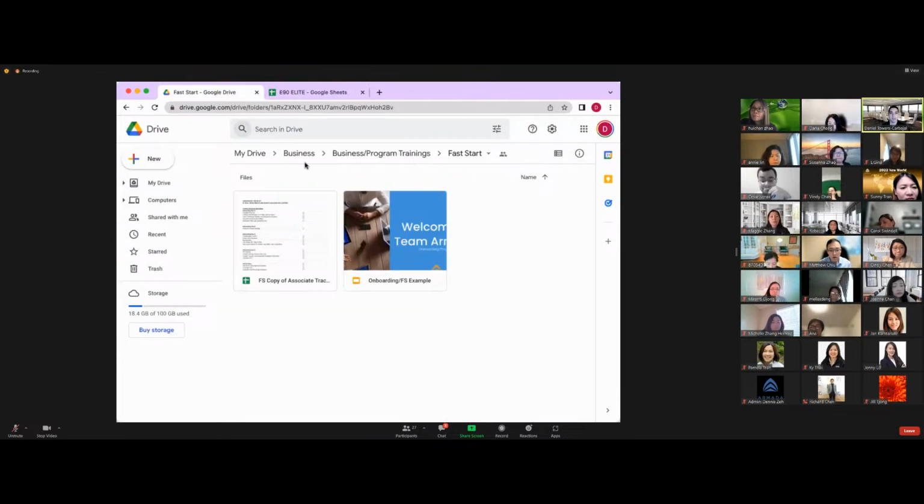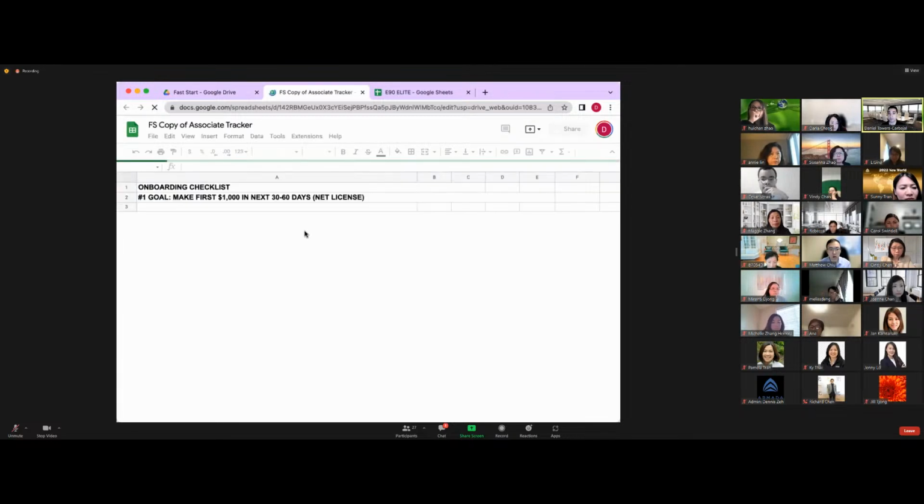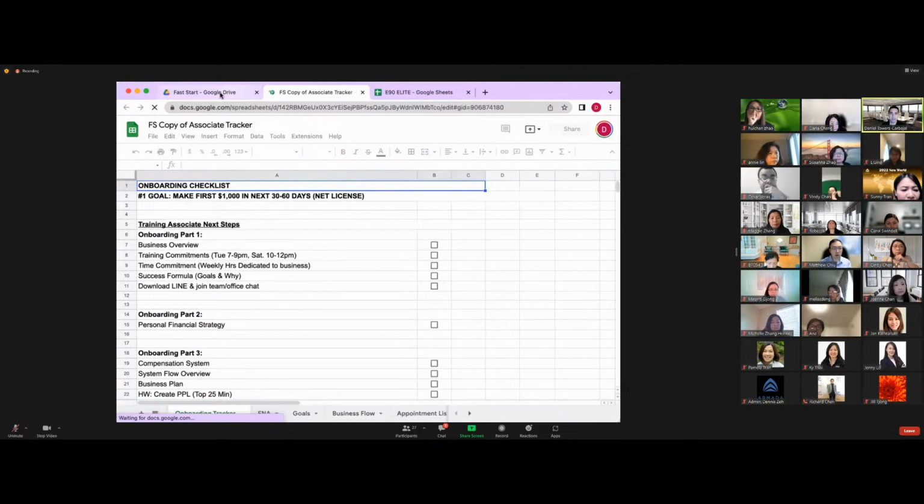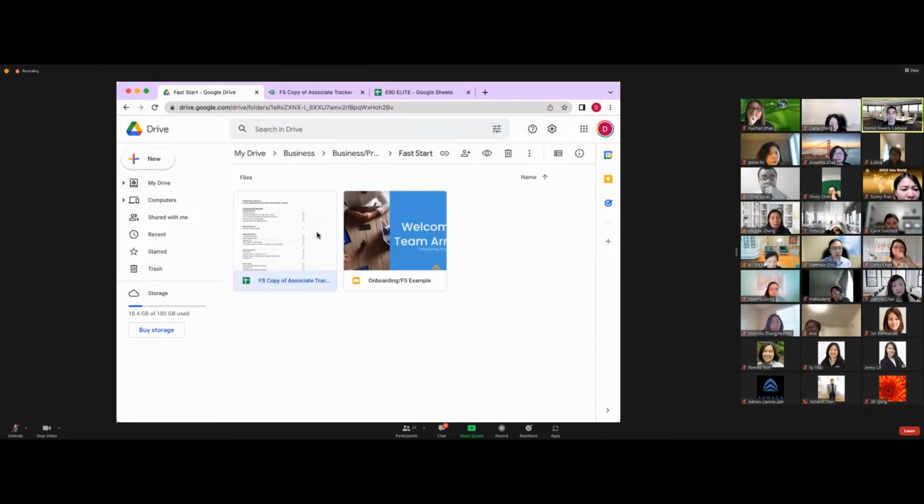Now, it's very important. This is a mistake I want to help you avoid. Remember, this is an editable sheet, so be careful that you don't just go straight in and start making adjustments.